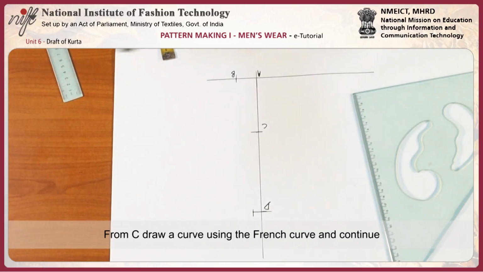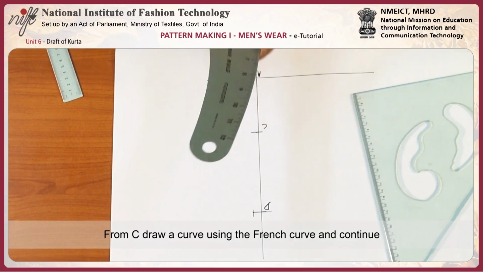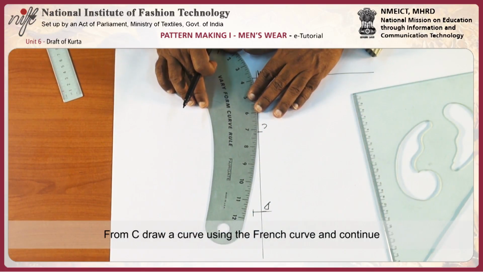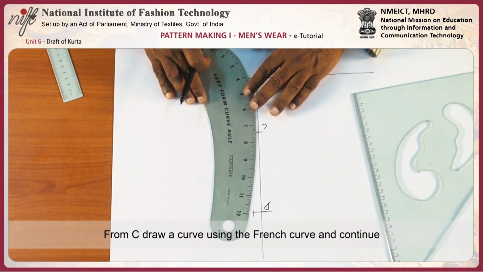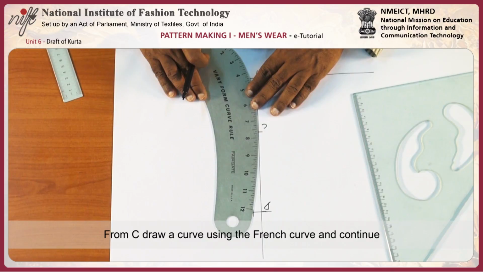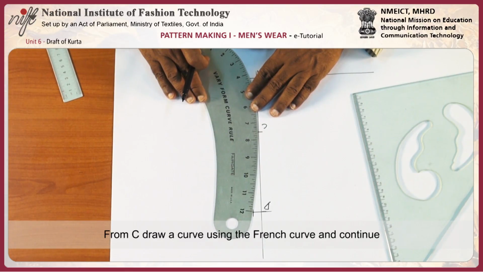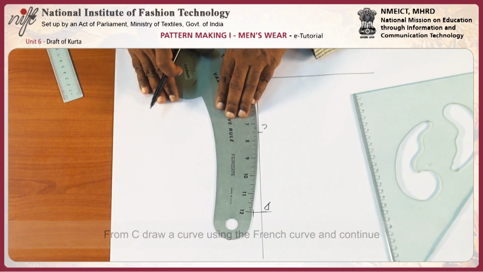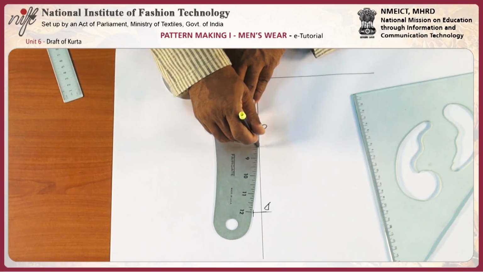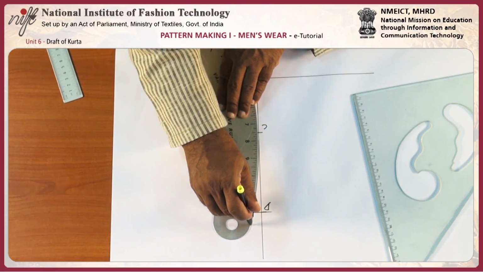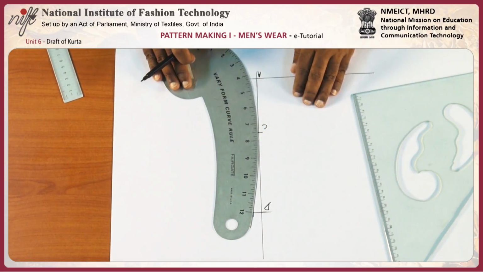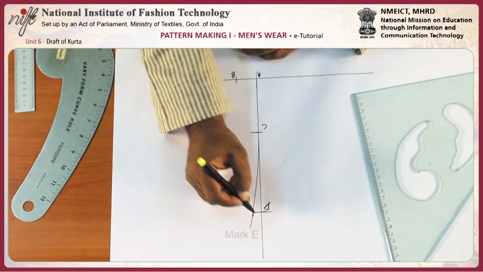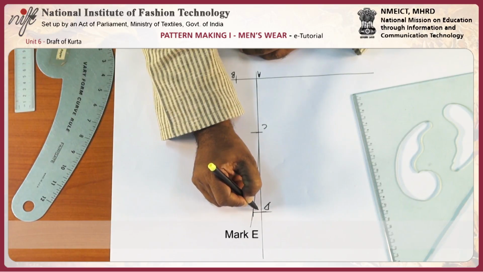Then from point C, draw a curve using French curve and continue. This will be point E.